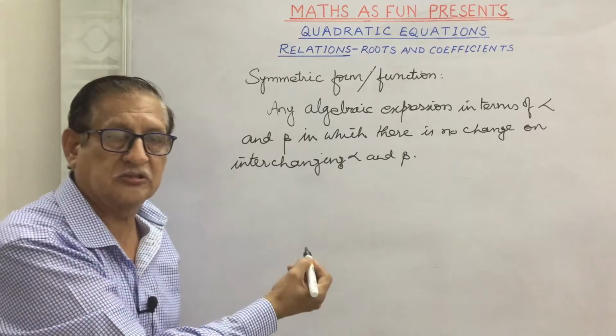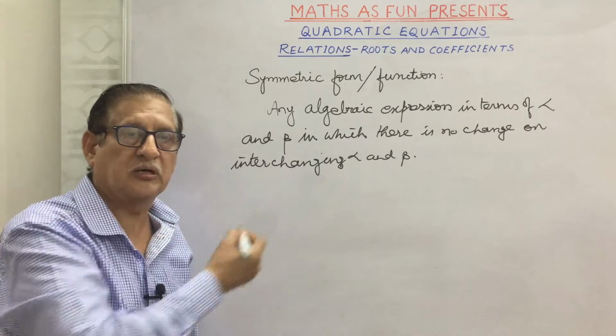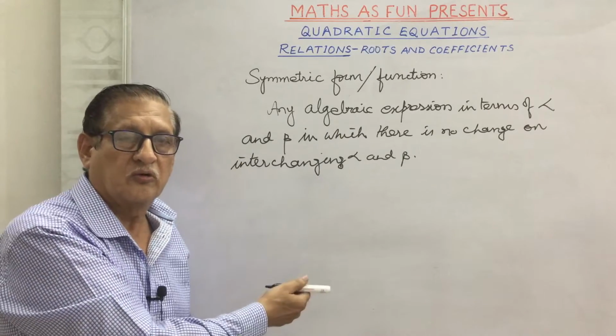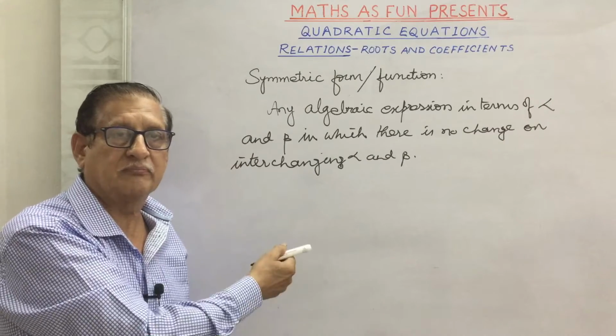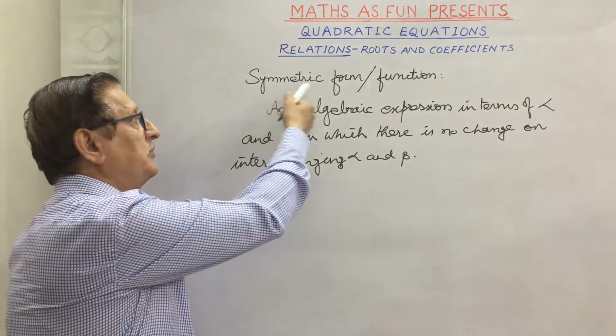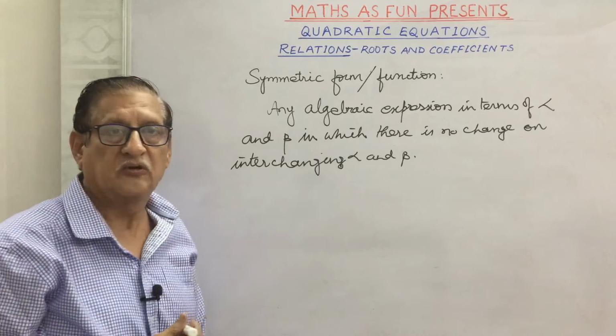It means if we interchange alpha and beta, then also the expression remains same. We call it as symmetric form or symmetric function.